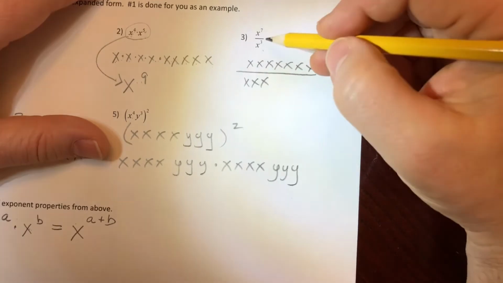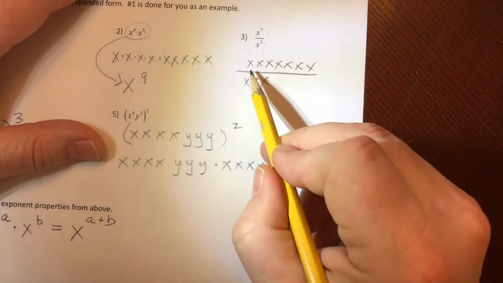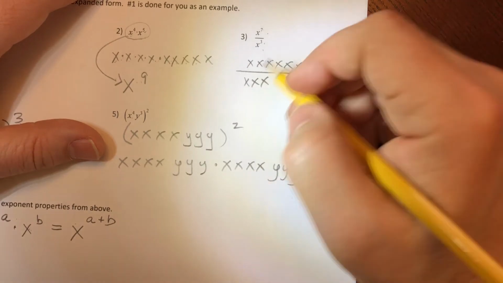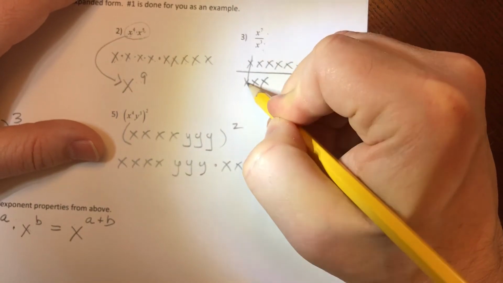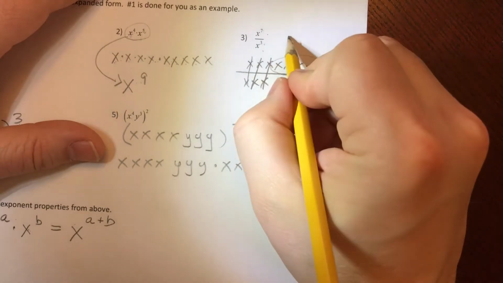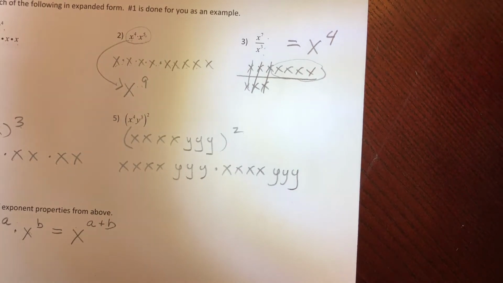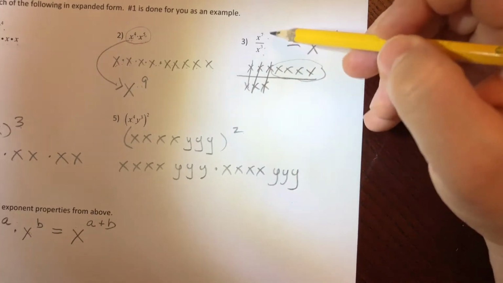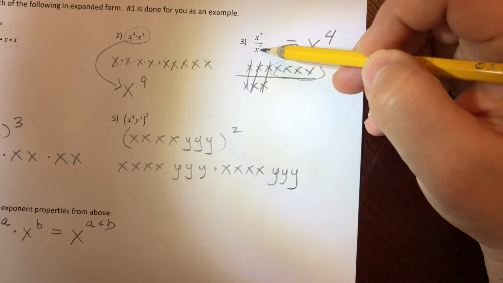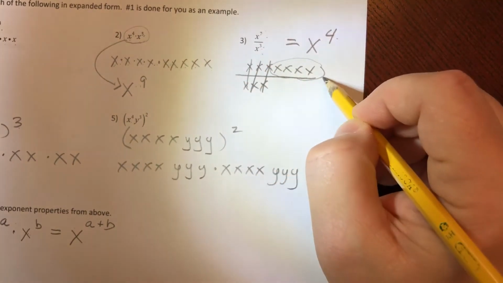Okay. Next, we're going to have x to the 7th over x to the 3rd. And we had 7 x's over 3 x's. Now, same thing with numbers. We can end up reducing. And we end up with 4 x's remaining. So is there a way that we could have gone from x to the 7th over x to the 3rd to x to the 4th without writing it in expanded form?